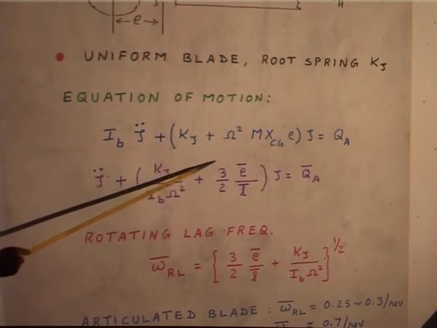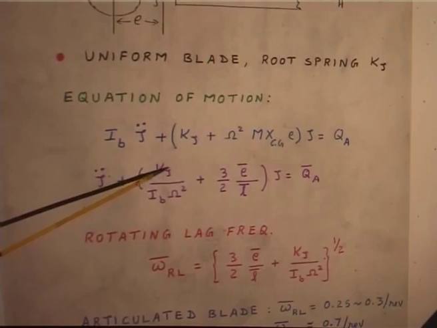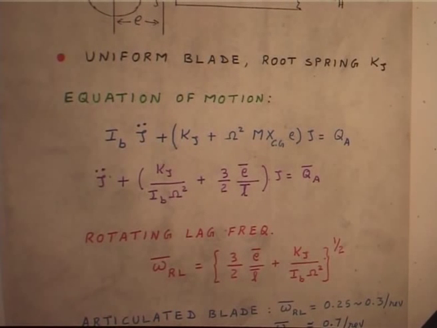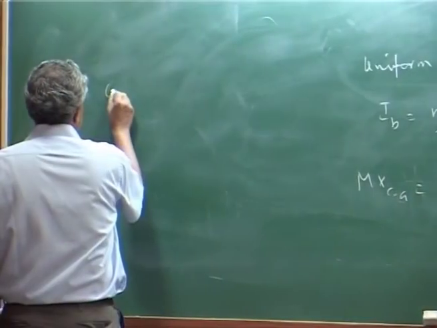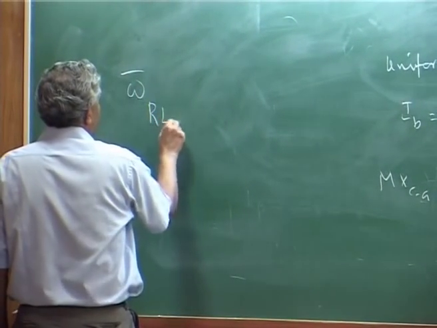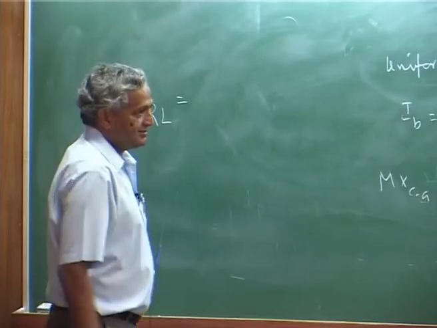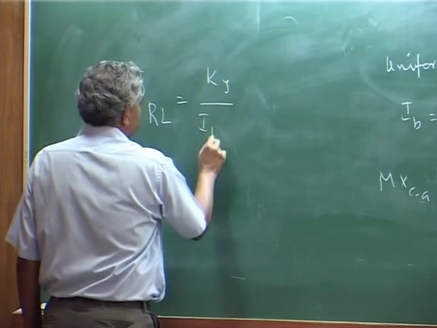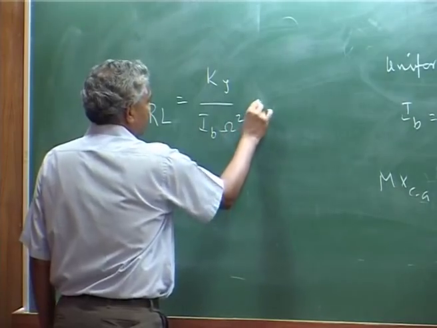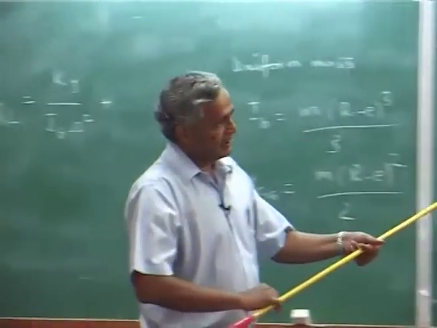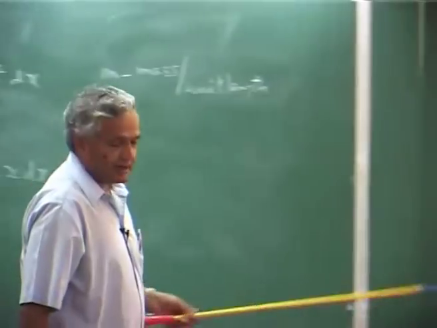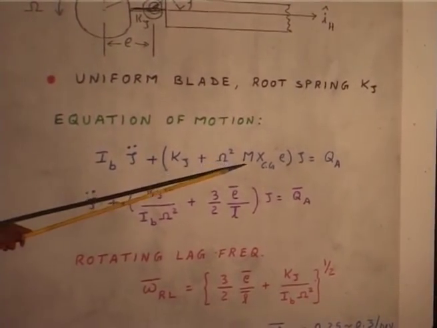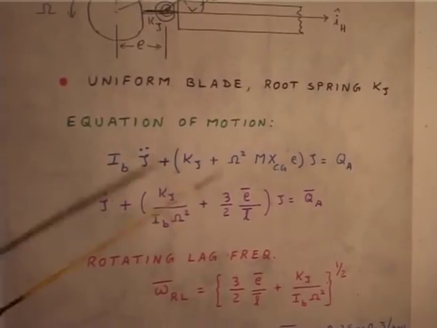This is my lead lag rotating natural frequency. So, I will put it omega bar_RL is k zeta over I_B omega square plus, if you want to put it as 3 by 2 E bar by L bar, that is one form, that is uniform, or else m x_CG E over I_B.